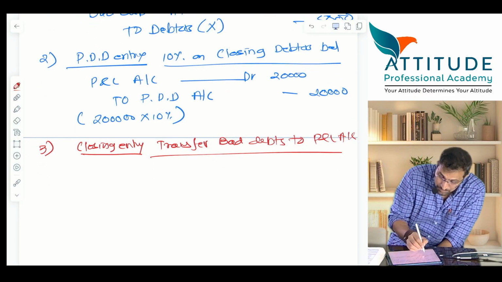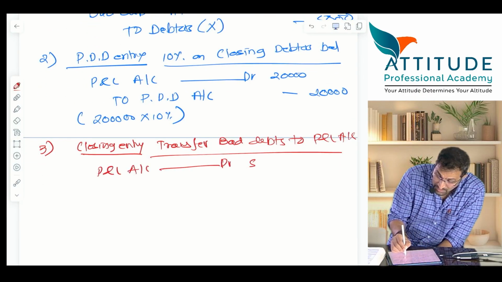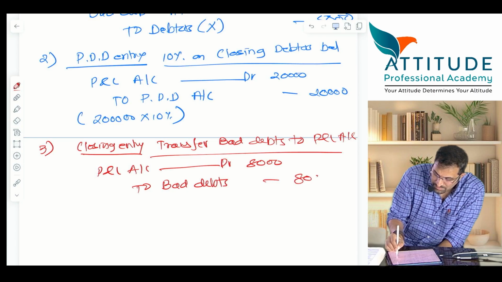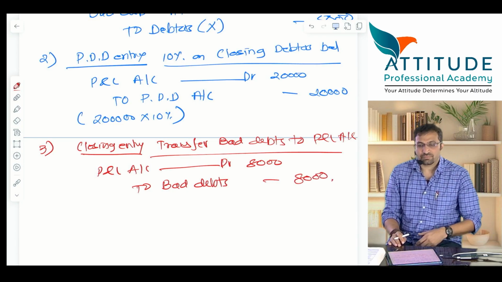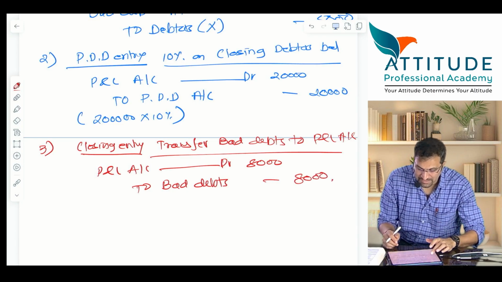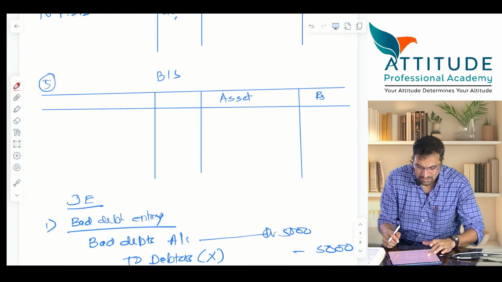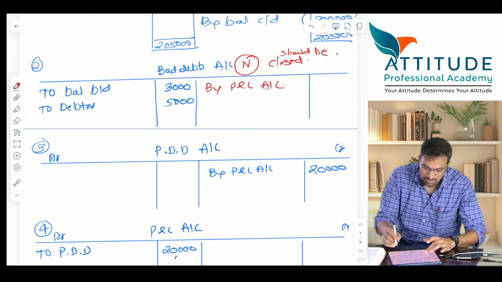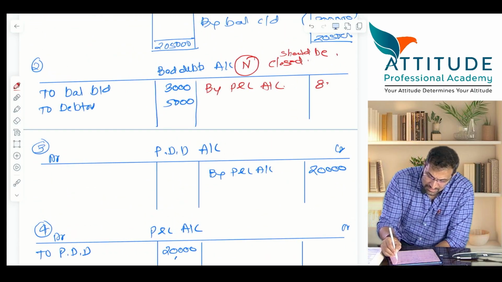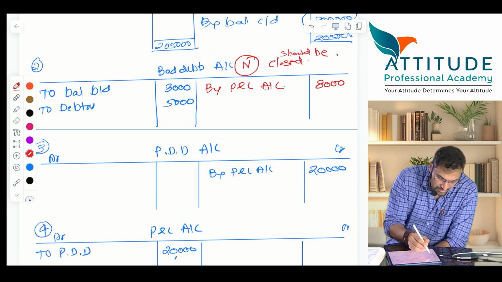Entry bolo. P&L account debit 8,000 to bad debts 8,000. After passing this, put it in ledger. All of you got it? Come down here. 8,000 इधर आएगा. ये close हो गया sir.